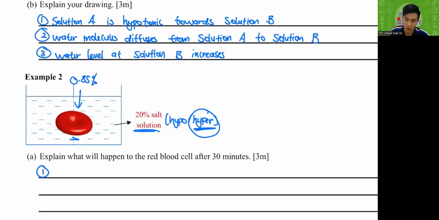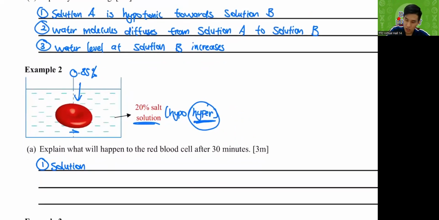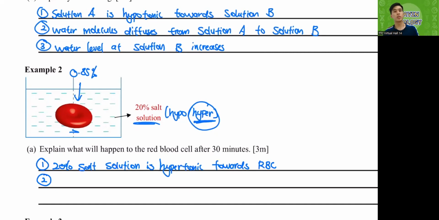So same thing, the first point, I would say 20% salt solution is hypertonic towards red blood cell. Okay. Where does the water go?